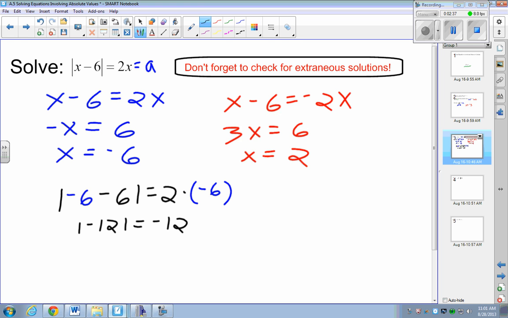Well, we know the absolute value of anything negative is positive, so this is just going to be equal to 12, but 12 doesn't equal negative 12, and so this is not a solution. We can't use this one.